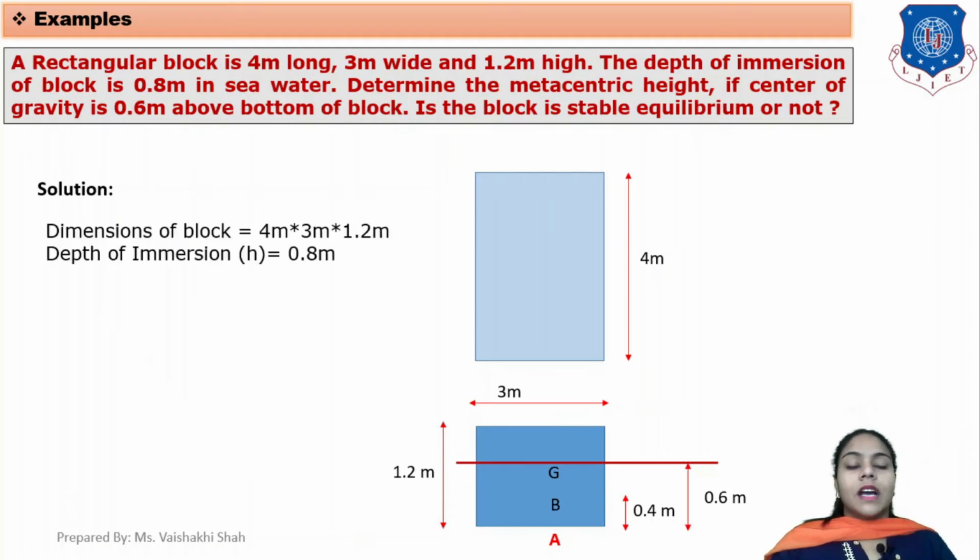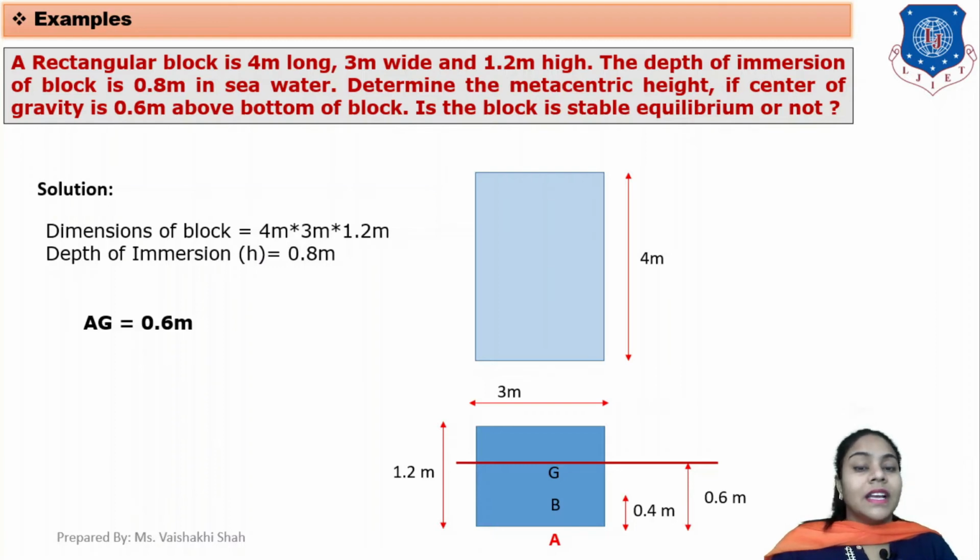Okay, so now in solving this example, the dimension of the block is 4 meter into 3 meter into 1.2 meter, and the depth of immersion, that is small h, is 0.8 meter. This dimension is given to you.